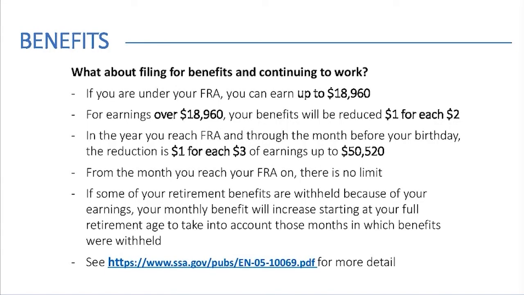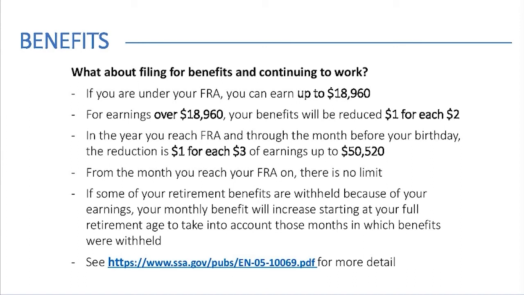Now, this issue of the earnings test catches a lot of people by surprise, unpleasantly so. These are people who decide to retire at 52 or any age before their full retirement age, but continue to work. From the phone calls I deal with, I find this confuses more people than a lot of other areas of Social Security. It is confusing.